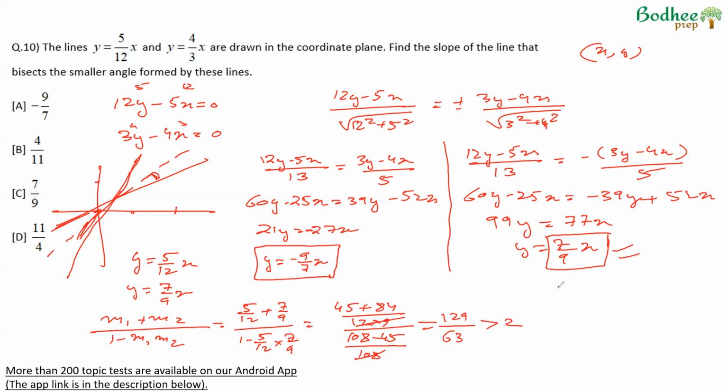Now, since the tan theta is greater than 1, that means theta is greater than 45. Which means if this angle is greater than 45, the double of it is greater than 90. And therefore, for this value, the angle between the lines is coming out to be greater than 90 or obtuse. And therefore, this will be the value of the acute angle bisector, the smaller angle formed by these lines. Option becomes minus 9 by 7.